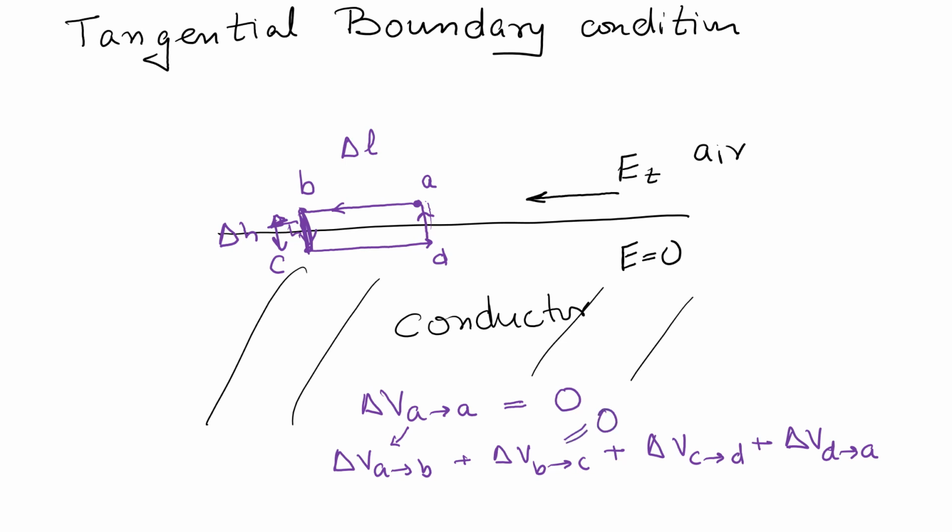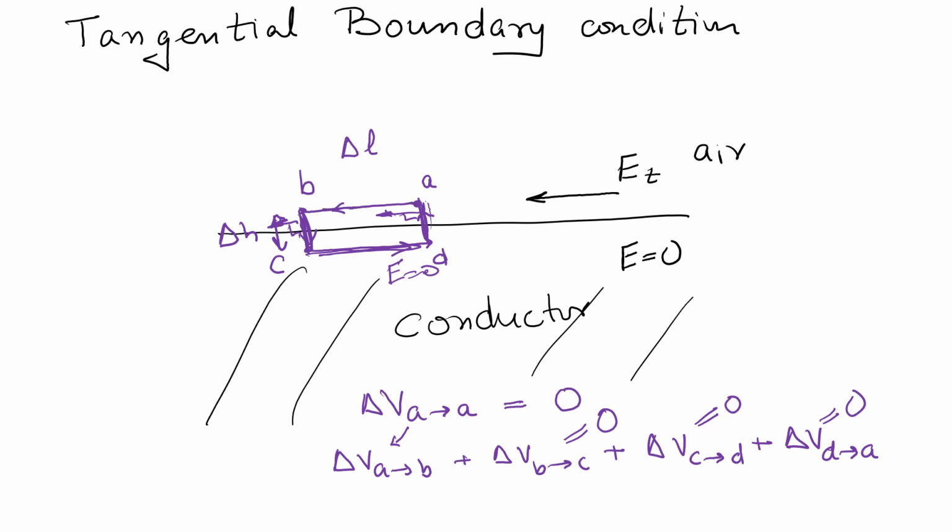E dot dl would be 0. When I walk on this path, electric field inside is 0. I add those zeros up many, many times. I still get a 0. So that would be 0 too. And going from D to A, I have the same argument as going from B to C. If electric field is present, it would be in that direction, and I am walking perpendicular to that at 90 degrees. So this would also be 0.